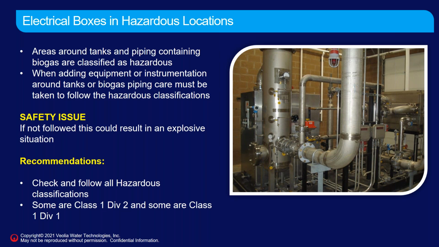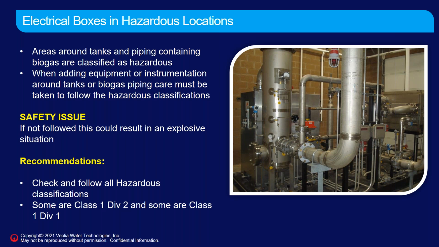Way back when, we didn't have a lot of these requirements. So biogas plants got built without a lot of the seal-offs or explosion-proof fittings or junction boxes, conduits, things like that. So again, check the requirements of these codes, check with local codes, and make sure your plants are following these hazardous area classifications, Class 1 Div 2, Class 1 Div 1.